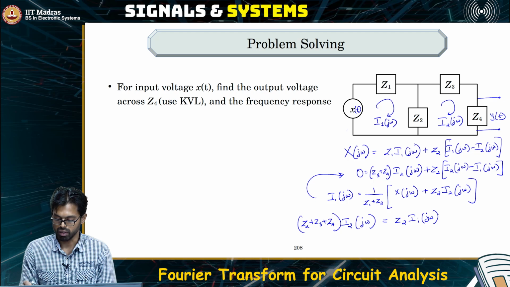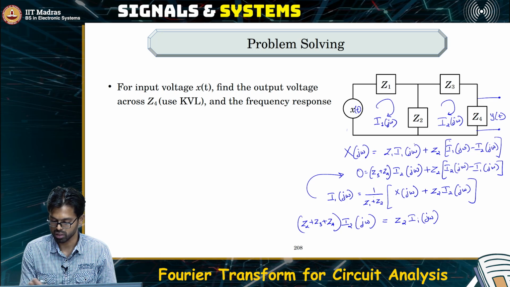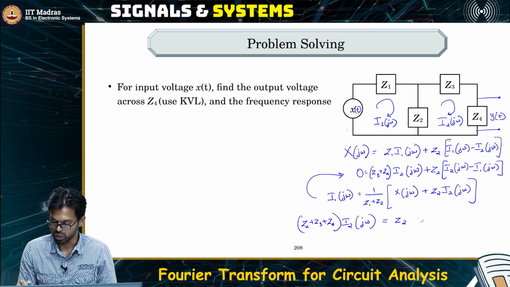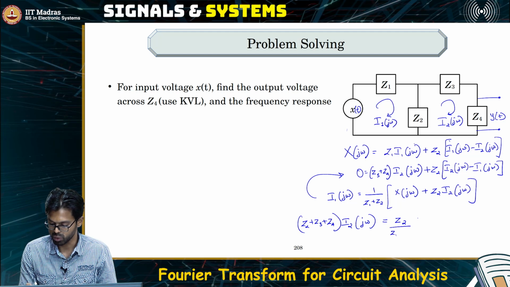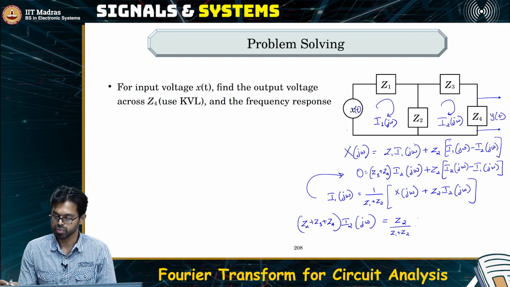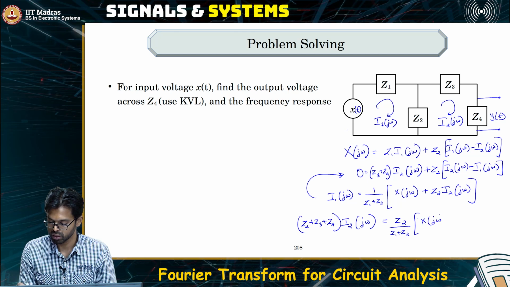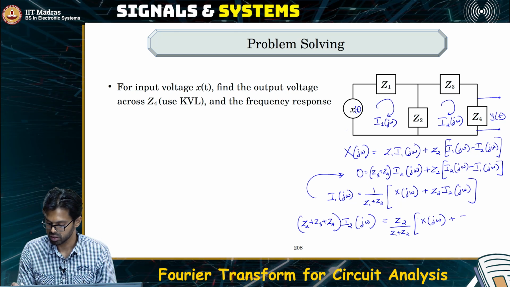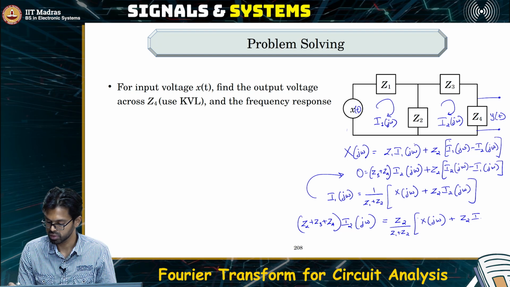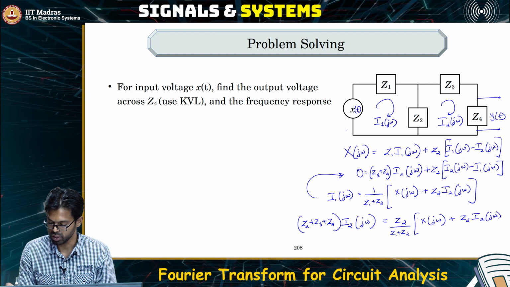Right, this is what we have. So just replace this I1 of j omega value here. So we get Z1 plus Z2 of x of j omega plus Z2 of I2 of j omega.